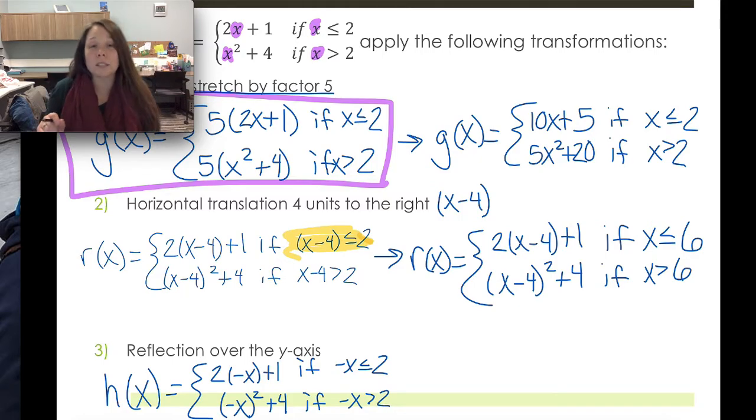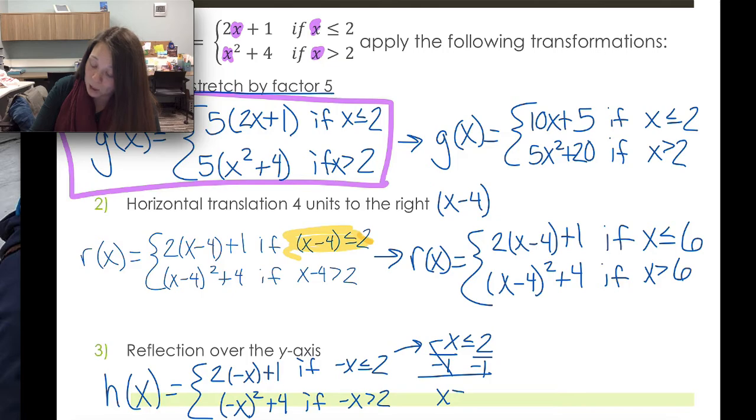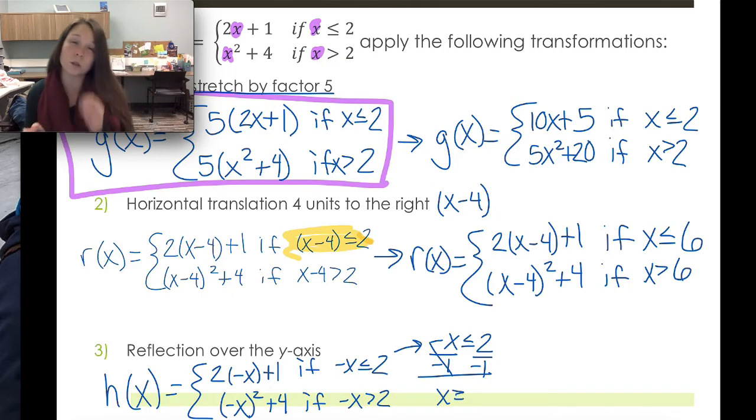You still have to simplify the intervals on the end, but be careful because when you go to simplify this one, we have negative x is less than or equal to 2. We'd have to divide both sides by negative 1. And now we need to think all the way back to likely our Algebra 1 days, where when you multiply and divide both sides of an inequality by a negative number, something special happens.